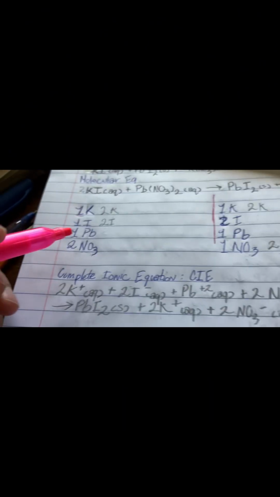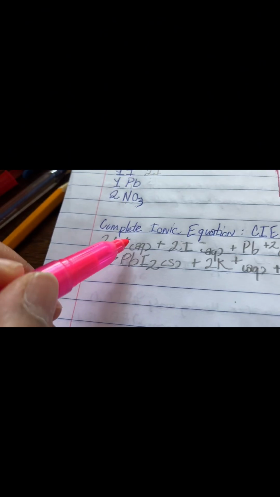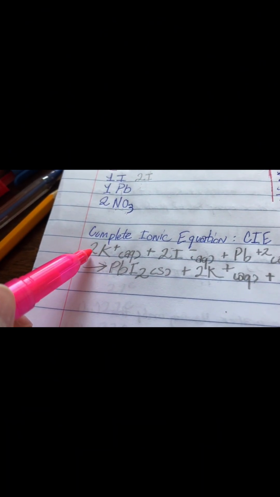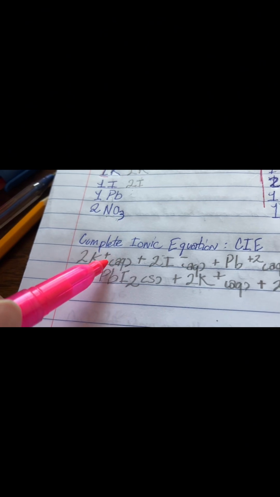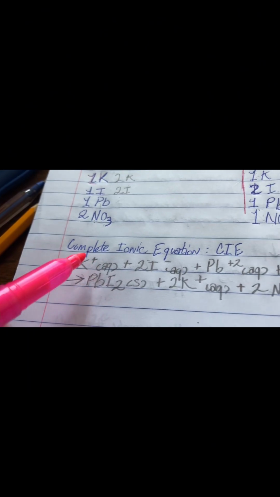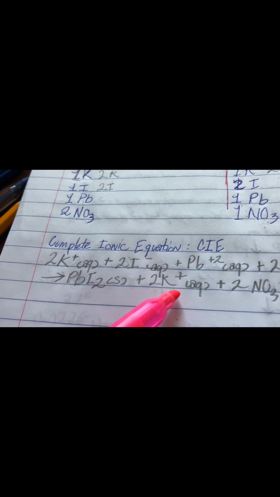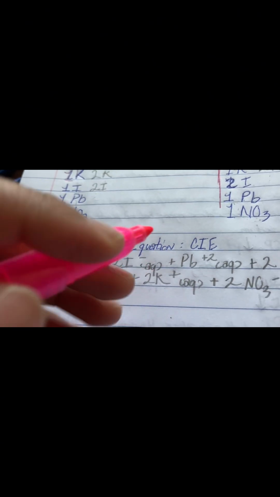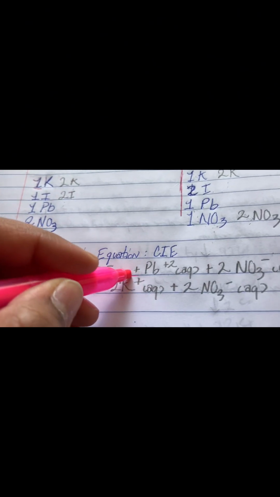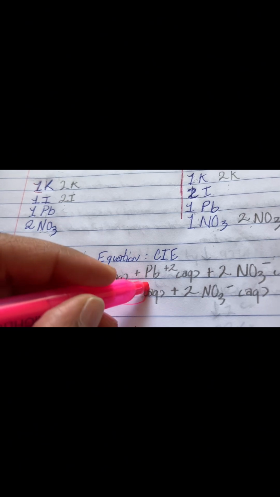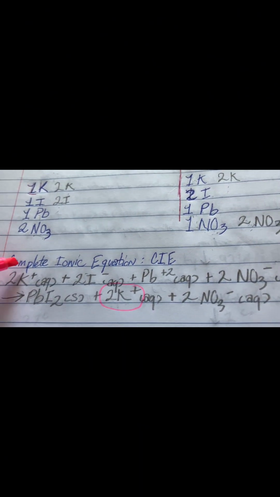So, splitting it apart, we have K, which is 2 Ks with a positive plus. On the product side, there's also a 2K plus. So, I'm just going to circle here. We found one spectator ion.